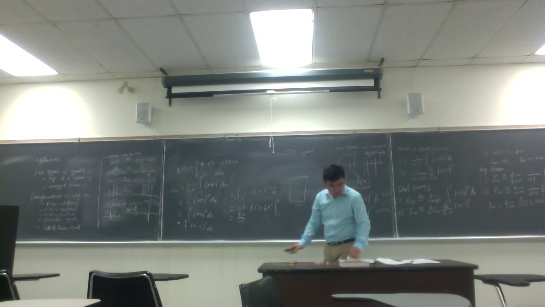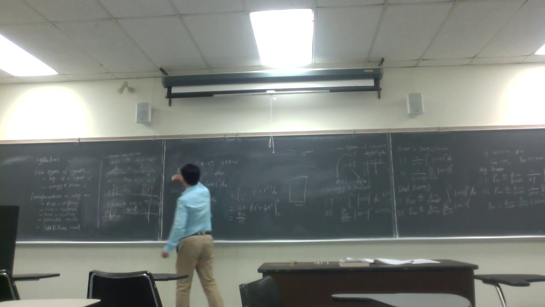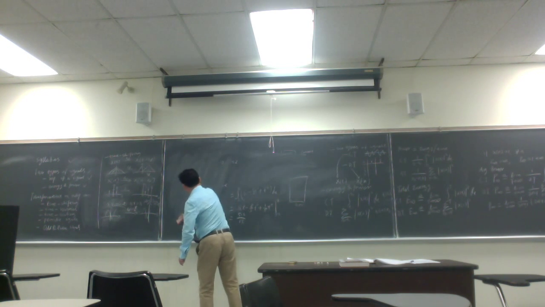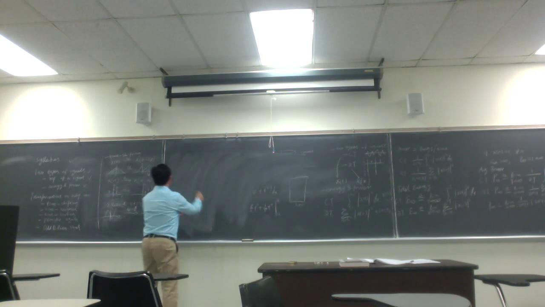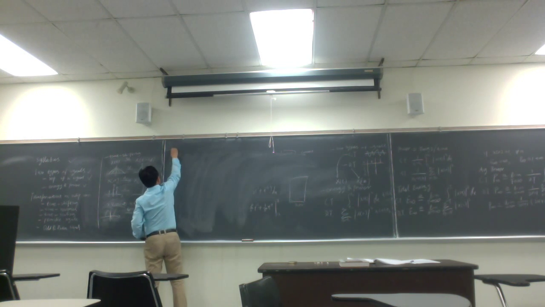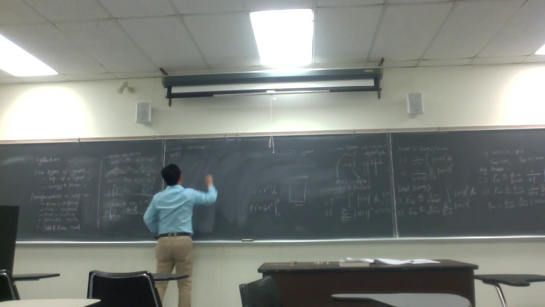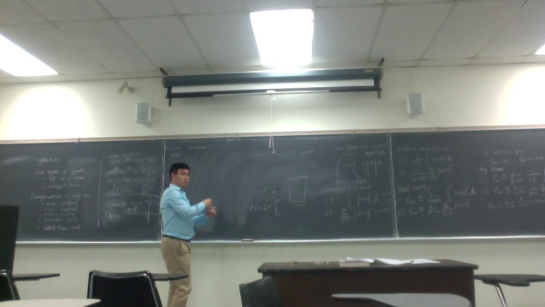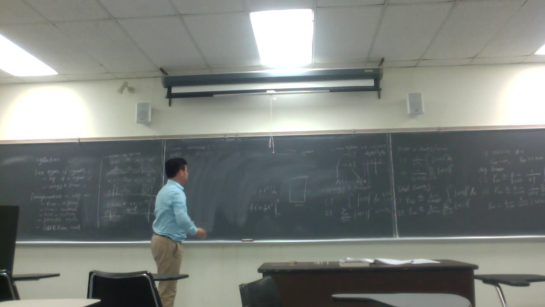And the next property I will talk about is called time reversal. Like if I have a signal x(t), and its reversal, since it's called reversal, I have x(-t) as the reversal of this signal.